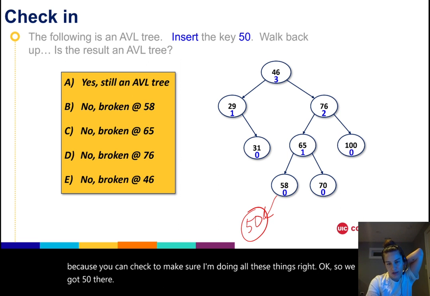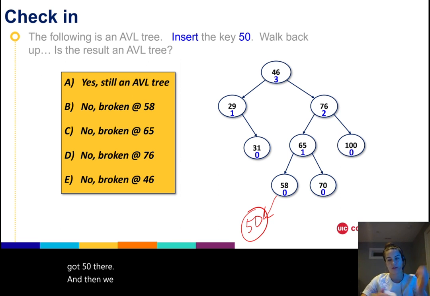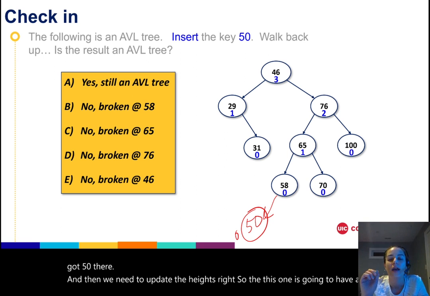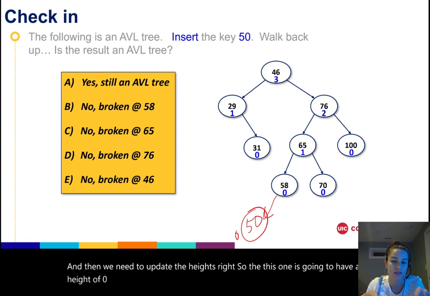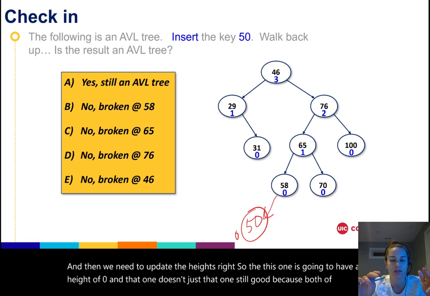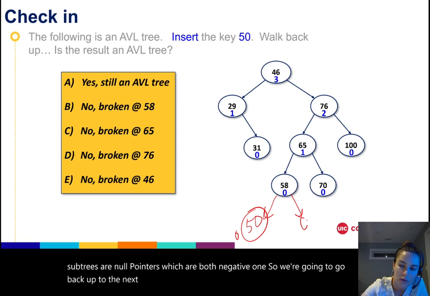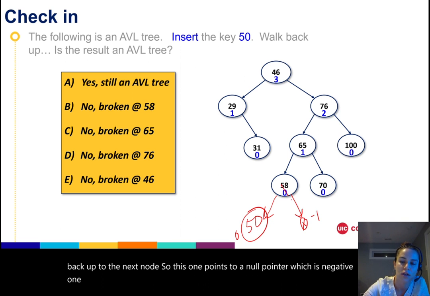And then we need to update the heights, right? So this one is going to have a height of 0, and that one doesn't. That one's still good because both of its subtrees are null pointers, which are both -1. So we're going to go back up to the next node. So this one points to a null pointer, which is -1, so 0, -1.